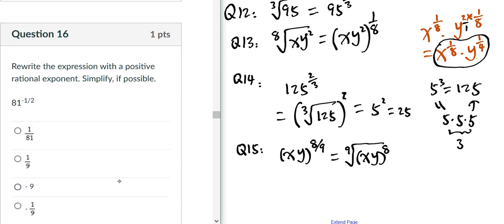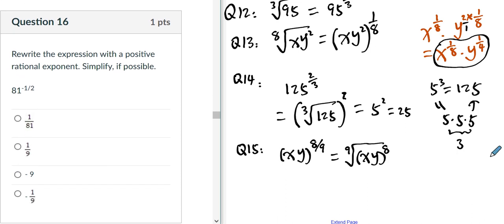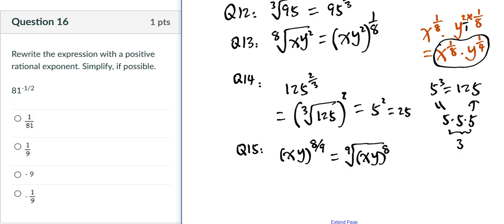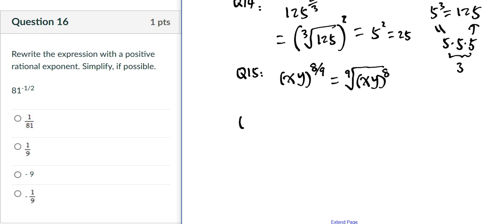Okay, now let's look at question 16. Question 16, we have 81 to the negative exponent.